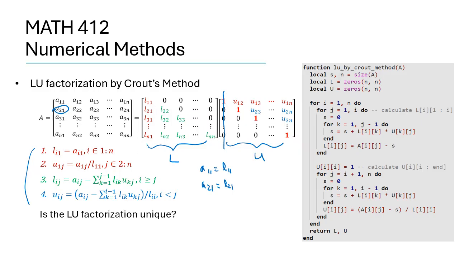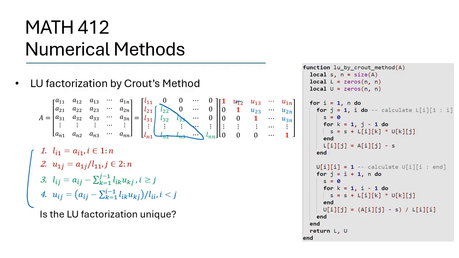You can find the fourth column of L so easily, and you can also find the fourth row of U easily. You figure out the rules like this: we have rules for finding these entries.